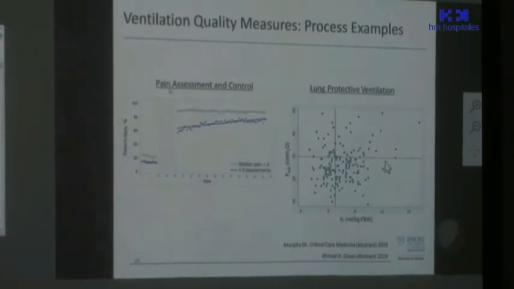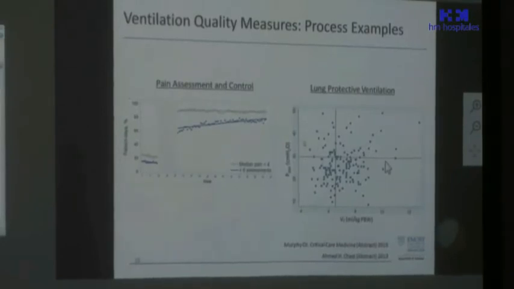We would like all of our patients to be in the bottom left box, where they would totally meet those criteria. We see, however, we do have room for improvement in this cohort of patients, where perhaps because of lung compliance, we have patients who are being ventilated at a higher tidal volume than we would initially like. However, their plateau pressure is not as high, and they're able to compensate.